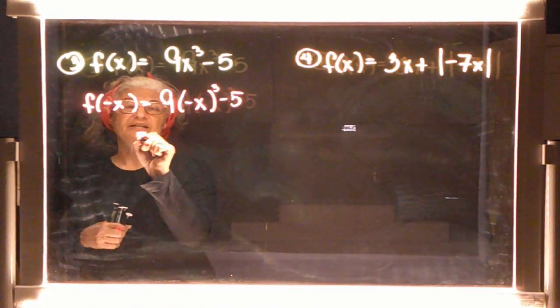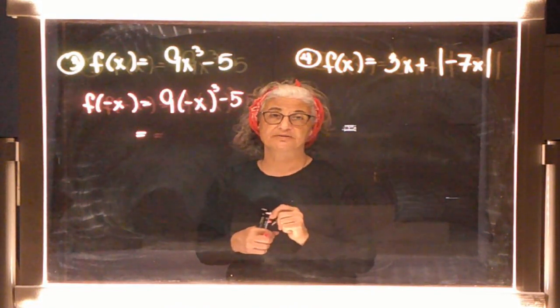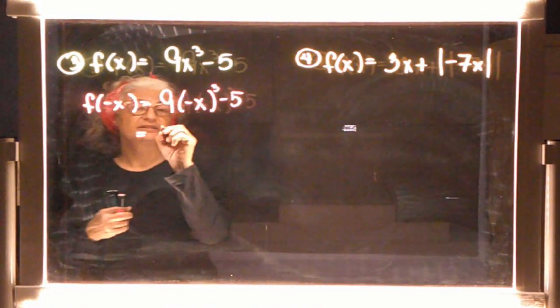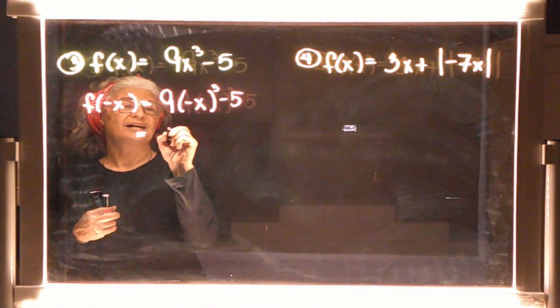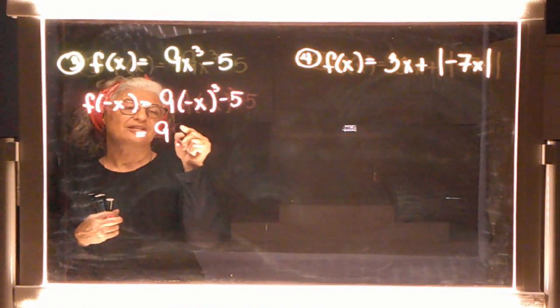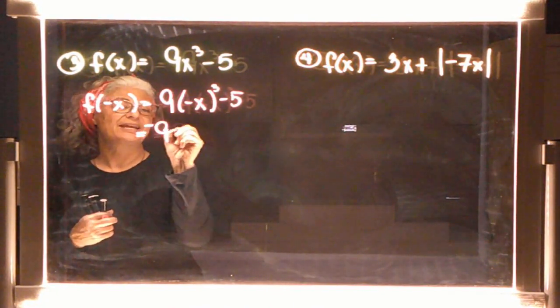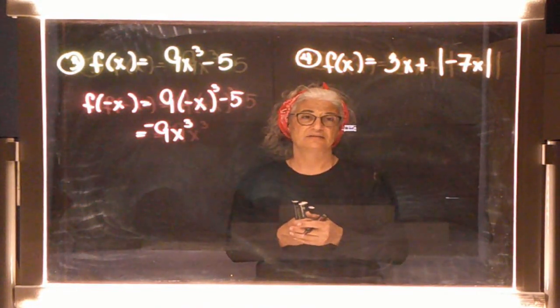Let's simplify. Okay, so what happens when you take a negative number to an odd power? Good, you get a negative answer, which basically means I've got 9 times this negative x, which means this is going to be a negative 9x to the power of 3, isn't it?